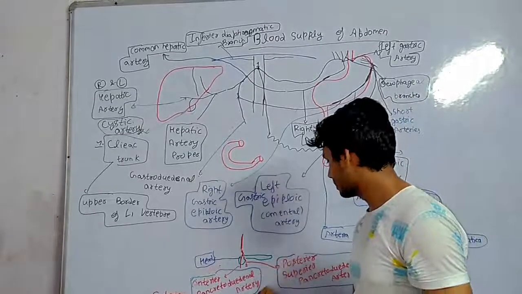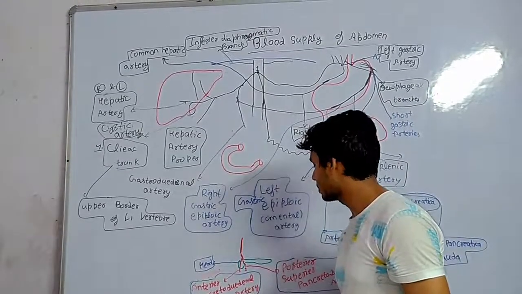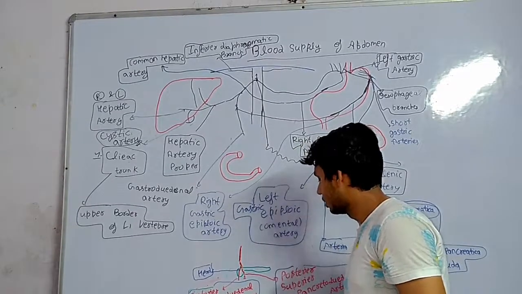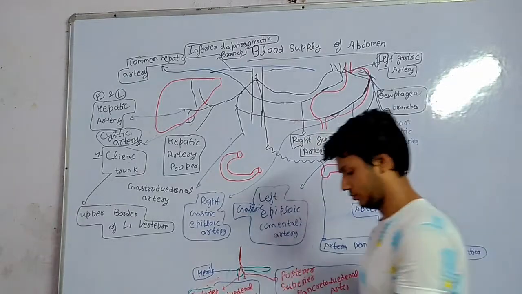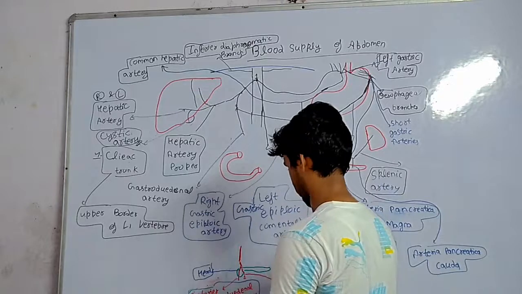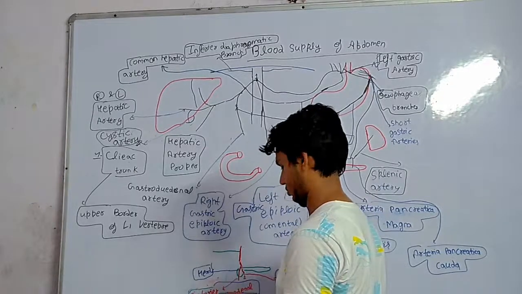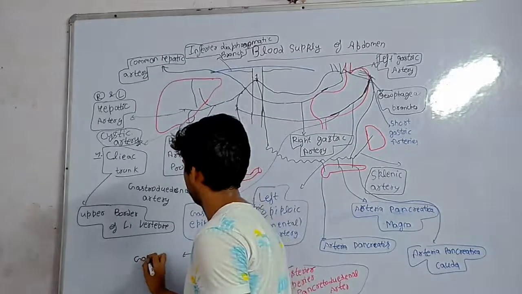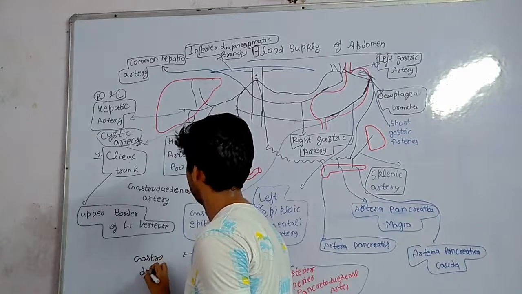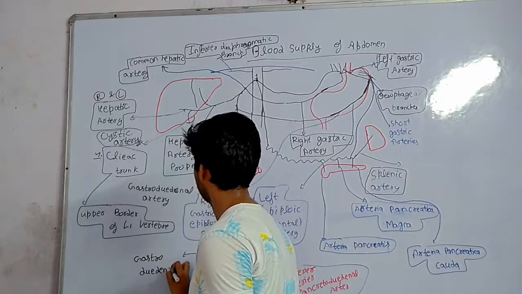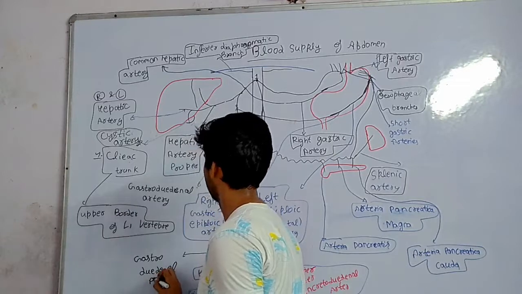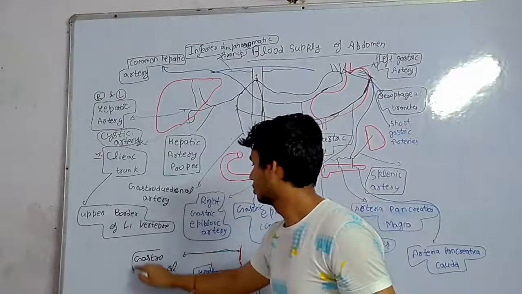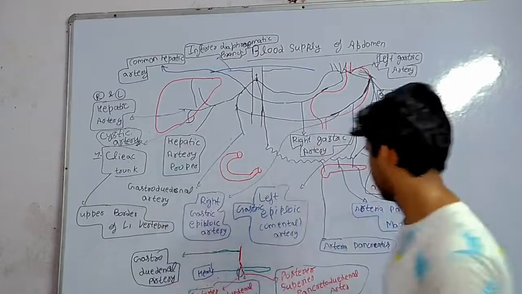This is the part of the pancreas, anastomosing around the pancreas. This is the gastroduodenal artery, which is a branch of the common hepatic artery.